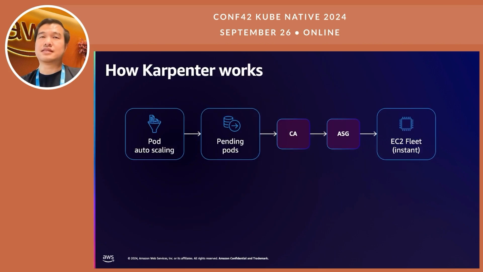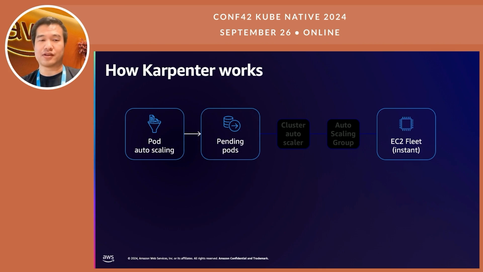Let's see. So this is the existing one. When we have a pending pod and we don't have enough capacity, Cluster Autoscaler kicks in, and then works with the autoscaling group. After that, the autoscaling group will spin up an EC2 instance by calling the API to EC2 Fleet. So multiple steps, just like I mentioned. But with Karpenter, we don't need these 2 components anymore, and we don't need to go through the autoscaling group.